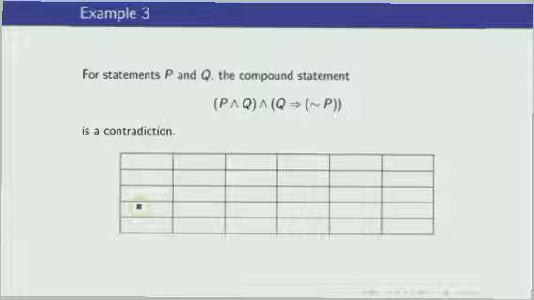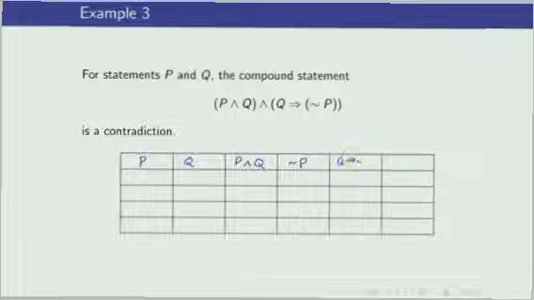Let us consider this compound statement and let us check that this is a contradiction. We need the columns for P, Q, P and Q, and then the column for not P. And then we have Q implies not P, and then the conjunction of these two.